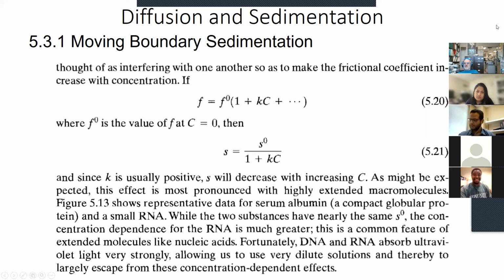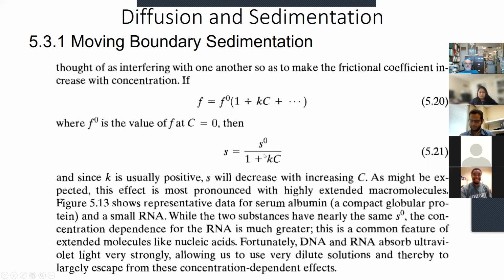Okay, and so you can see in this equation that there's an F/F0, and it involves a concentration dependent term. So there's a concentration dependence to the frictional coefficient. And what this does, because the diffusion coefficient and the sedimentation coefficient both have a frictional coefficient in the math, what this does is it adds a concentration dependence to the sedimentation coefficient.